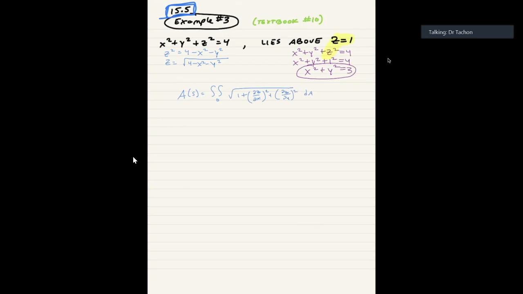All right, so we set it up. We'll take care of the bounds in a moment. Let's do the partials. What's the partial of z with respect to x? Derivative of the outside times the derivative of the inside, right?